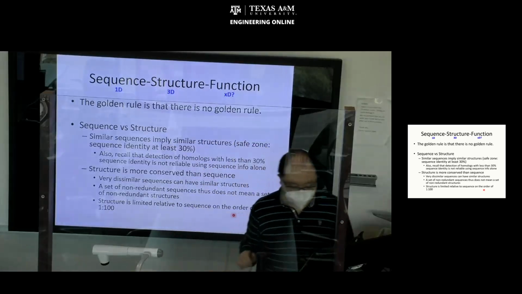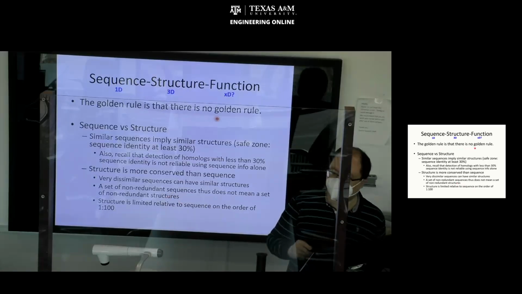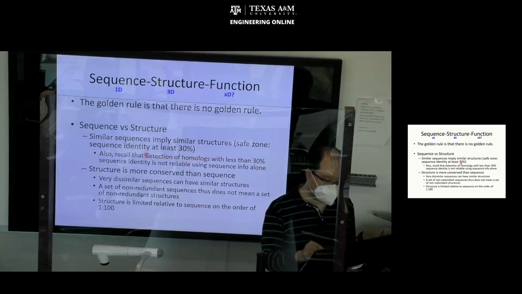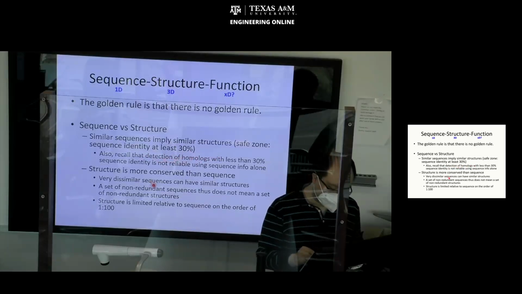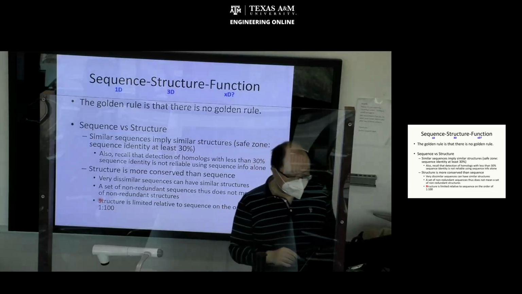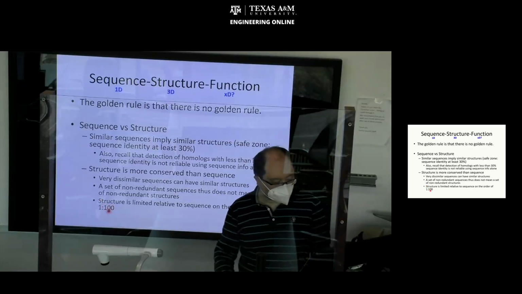In general, there's no golden rule, but there are some heuristics, like we said before. The safe zone is 30%, and we knew that structure is more conserved than sequence, right? This can be explained by the bullet points that we have learned before, like the 1 versus 100, okay?